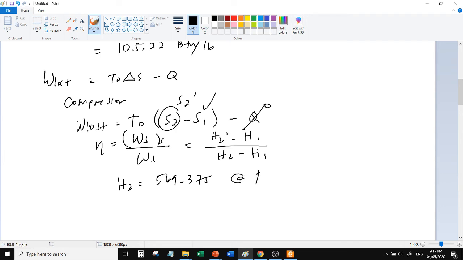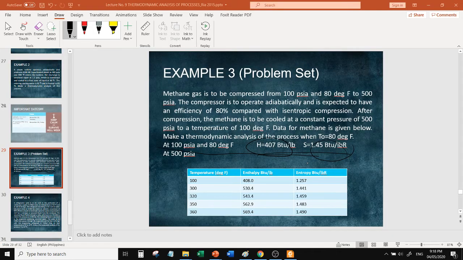And then, by interpolation, at P2 of 500, use this table, interpolate the enthalpy of 569.